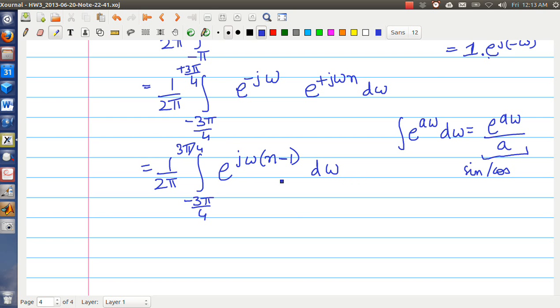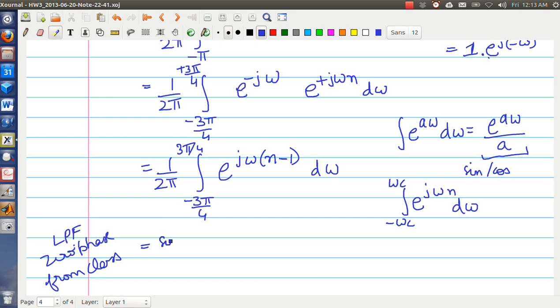If you remember, in the class the integral was between −ω_c and ω_c, and it was just e^{jωn} instead of n minus 1. And the answer that we got from class for the low pass filter with 0 phase was sin(ω_c n) over πn.